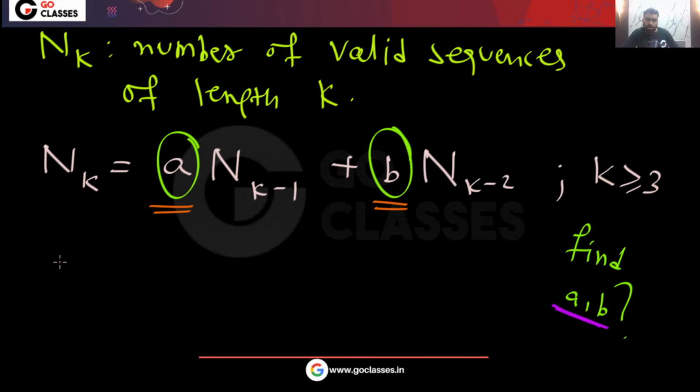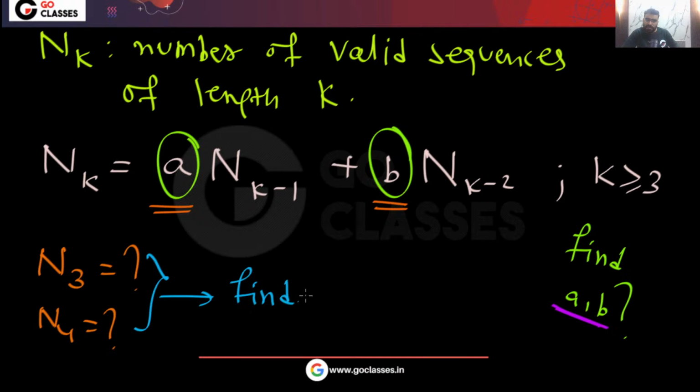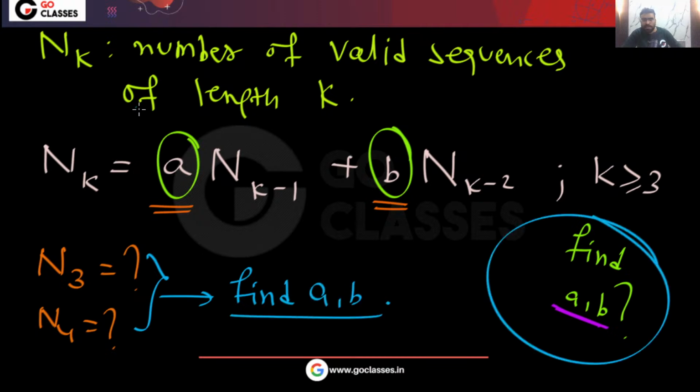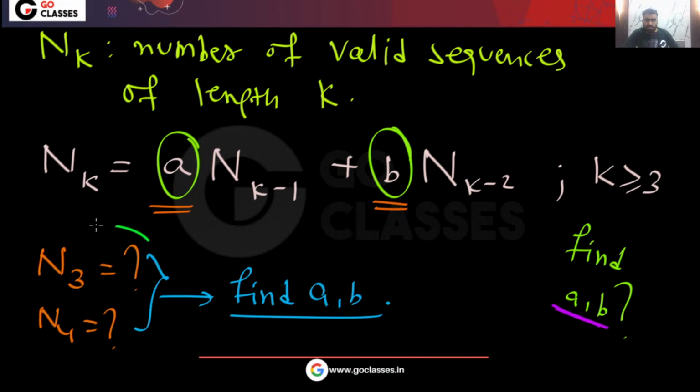You create an equation for n3, you create an equation for n4, and from these equations you can easily find the two variables. If you want to calculate two variables, two equations are needed.